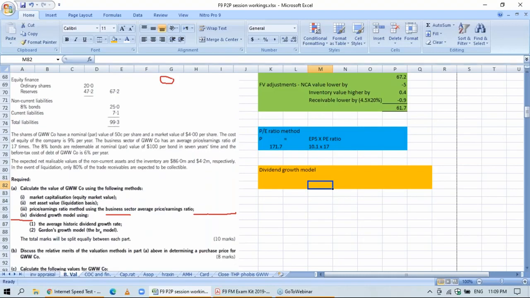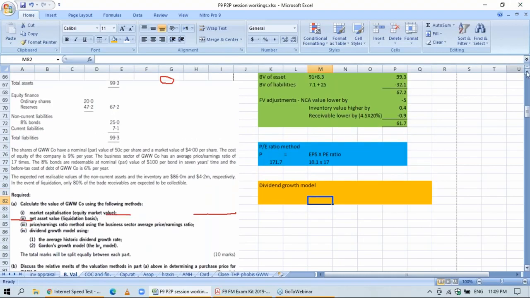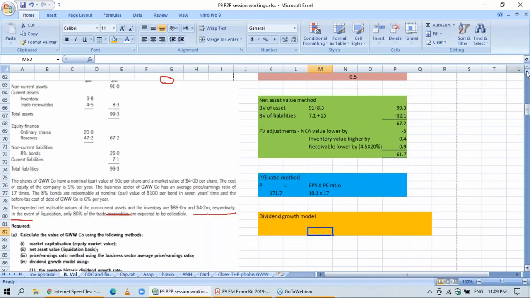Let me first pick the formula of the dividend growth model from the previous question.